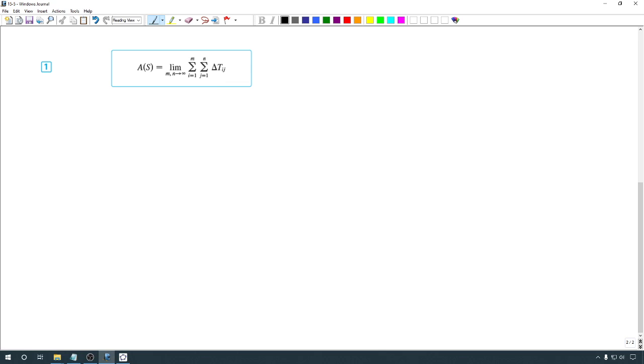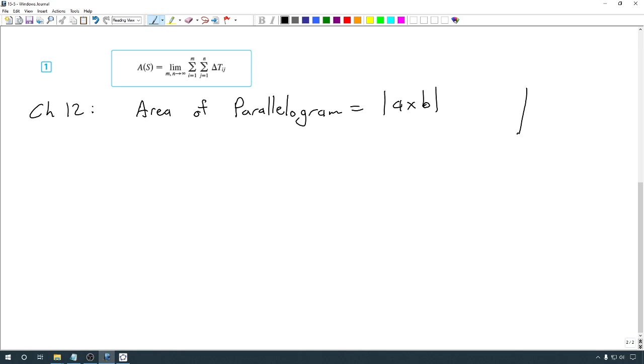It is a parallelogram. So we do know from back in chapter 12 a formula for the area of a parallelogram. It's the magnitude of the cross product of A and B, where A and B are two sides of our parallelogram.